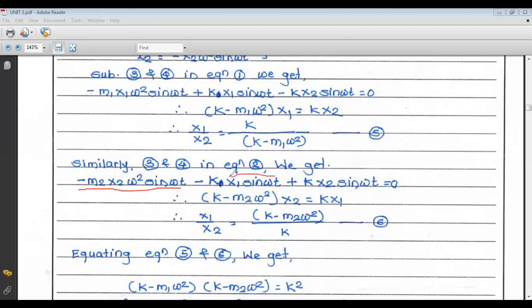So we have put the value of x1 double dot, then the value of x1 and the value of x2 in your equation number 2. So again this capital X1, x2, there are two terms of x2, so k minus m2 omega square into x2.